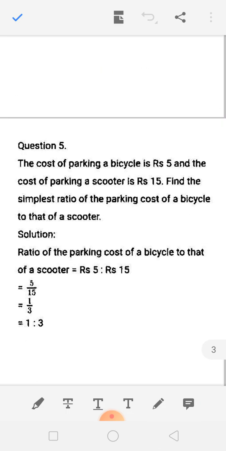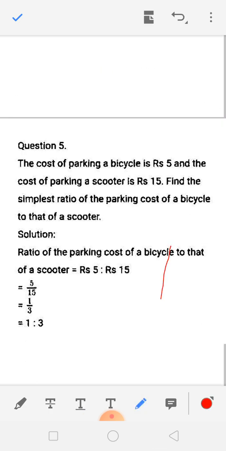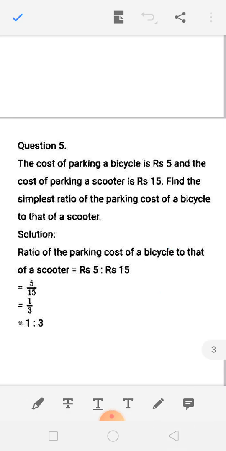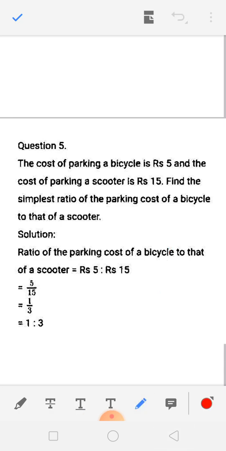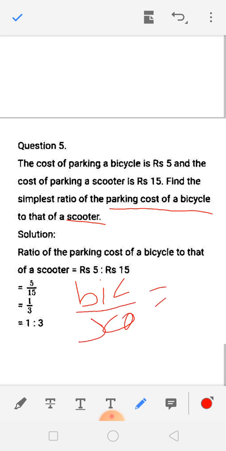But in this sum, the parking cost of bicycle to that of scooter. So the bicycle comes up first and is divided by scooter. Cost of bicycle divided by cost of scooter.